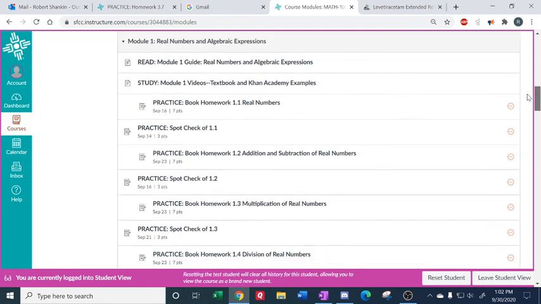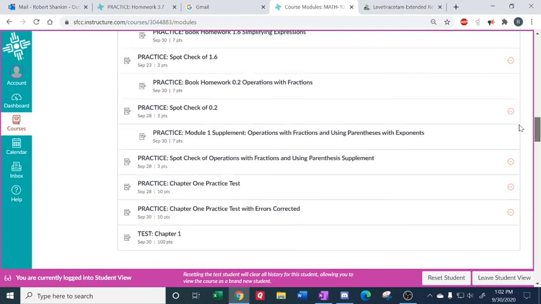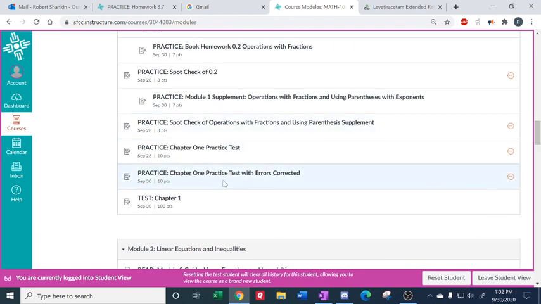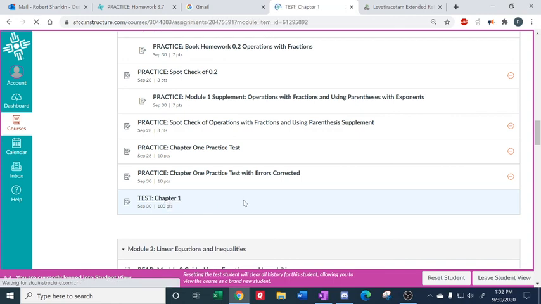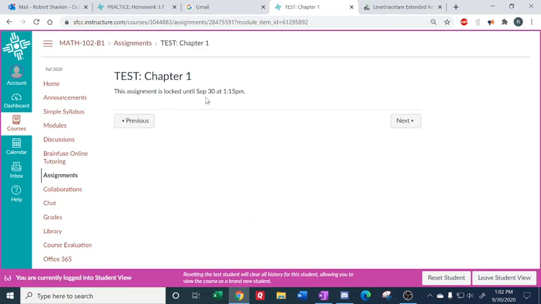At the bottom of module 1, this is where you did the practice test, and here is test chapter 1. It doesn't become available until 1:15 p.m. So you've got a little bit of break time, and then from 1:15 to 2:15 the exam is available.